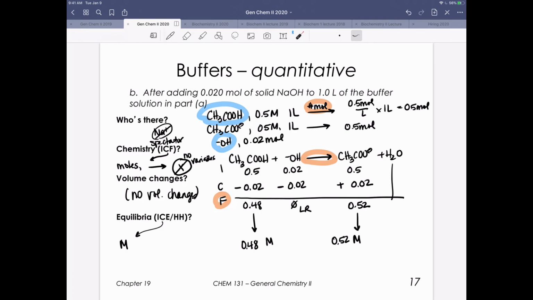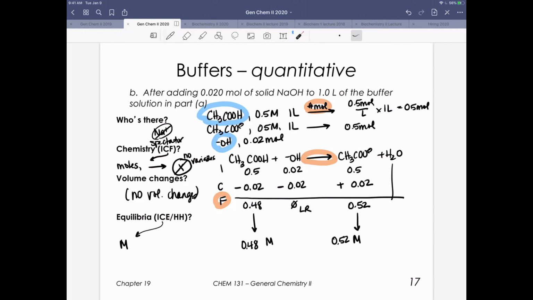So we start with a balanced chemical equation, but not for an equilibrium, for the chemistry that's going on. The chemistry that's going on is our weak acid army is going to sacrifice itself for the base that's added. We're going to generate some of our conjugate base army, neutralizing the hydroxide to generate water.